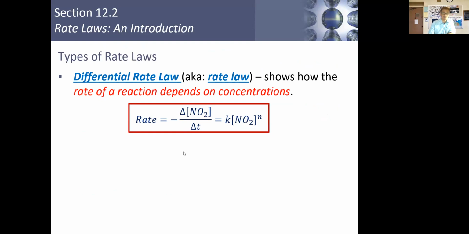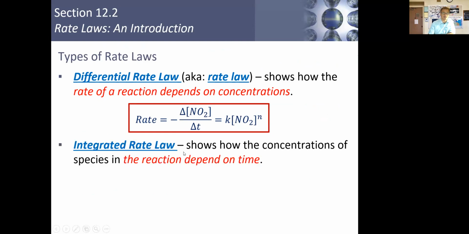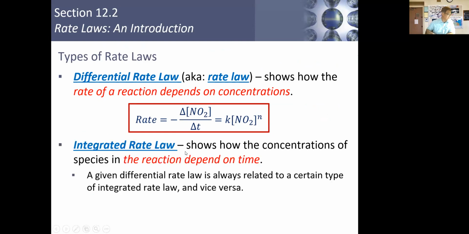Whereas with the integrated rate law, which we will learn towards the second half of this class, the focus of our attention is going to be on the concentrations of the species as it depends on time. So with the differential rate law we're looking at only concentration.